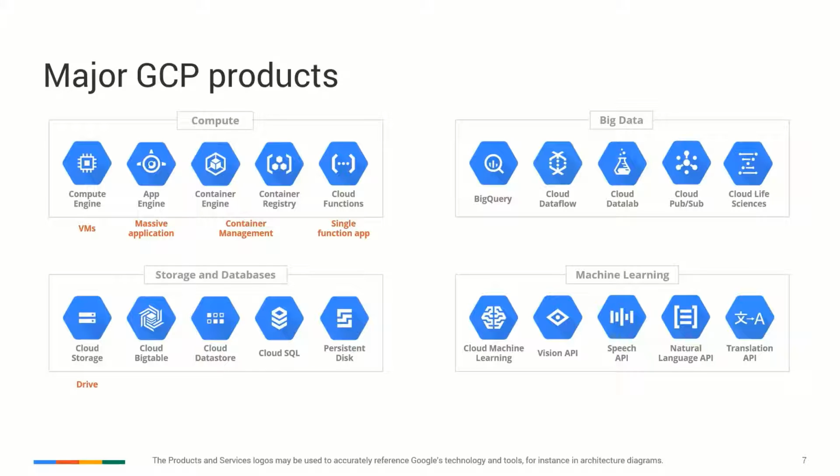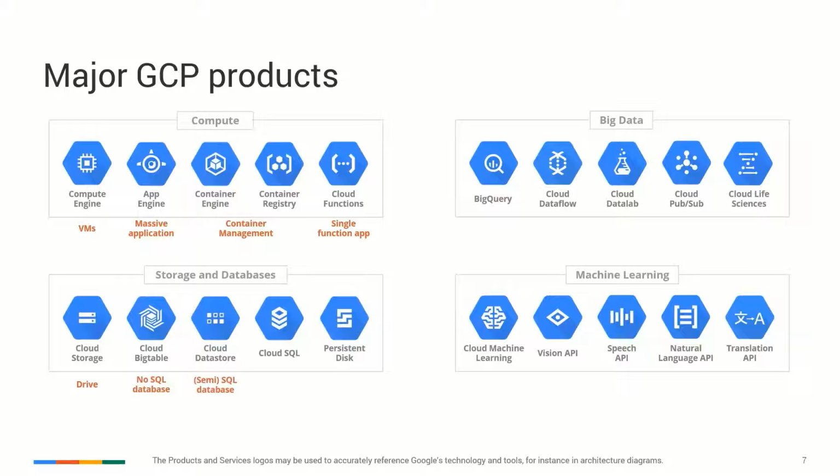Then there are some different types of cloud storages, one of them being Cloud Bigtable, which specializes in storing NoSQL databases. Just to remind, an SQL database has some relationships, so it's like an interrelated database. But NoSQL, if there is no such relationship, you can store it in Cloud Bigtable.